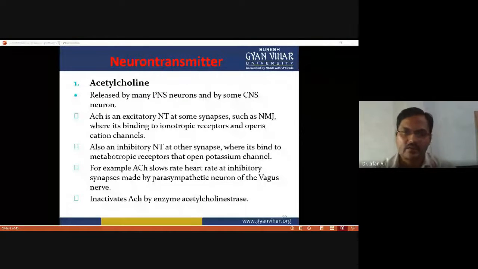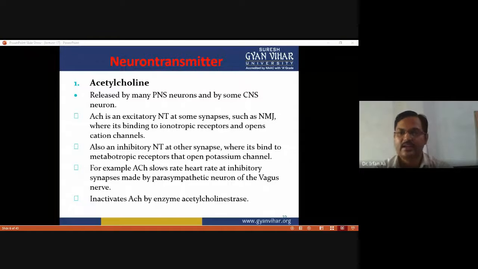And acetylcholine, as we have discussed, is released by the peripheral nervous system and some central nervous system neurons. Acetylcholine is an excitatory neurotransmitter at some synapses such as the neuromuscular junction, where it binds to an ionotropic receptor and opens a cation channel.